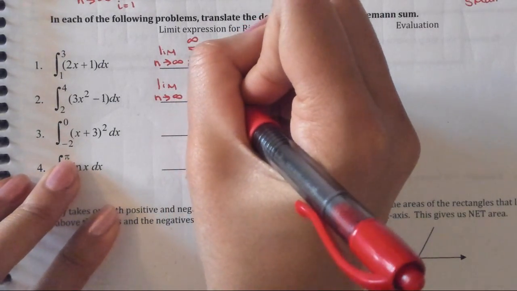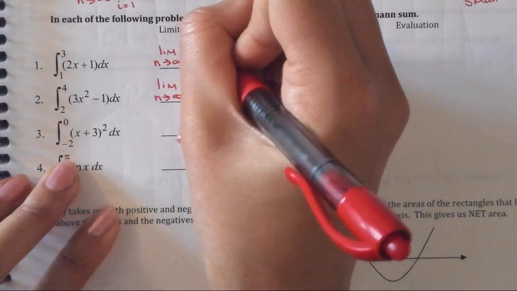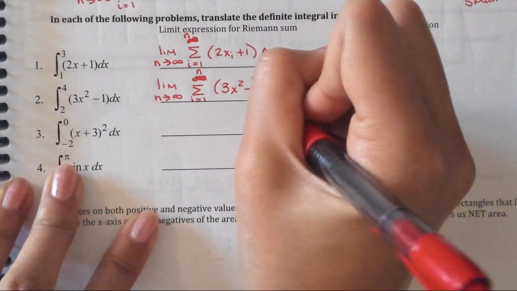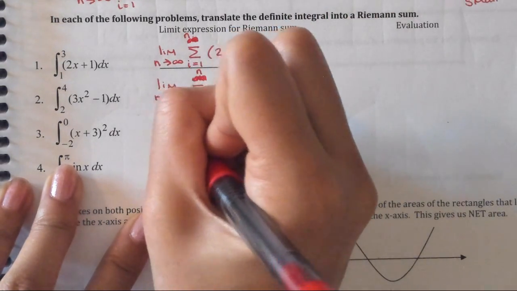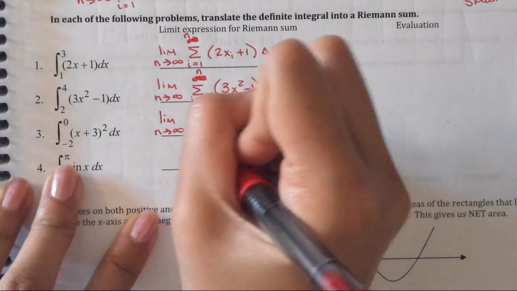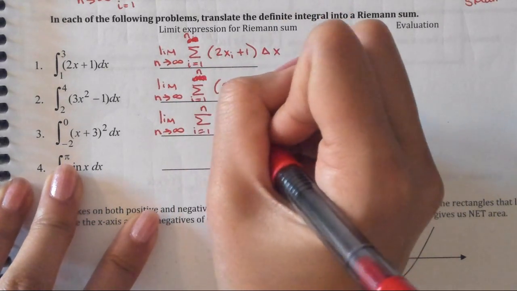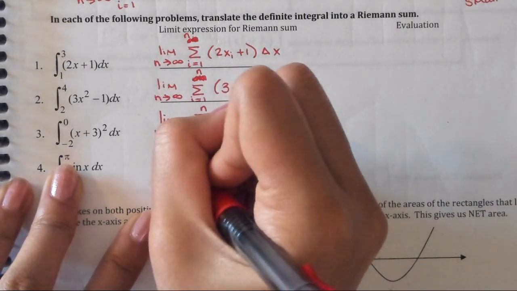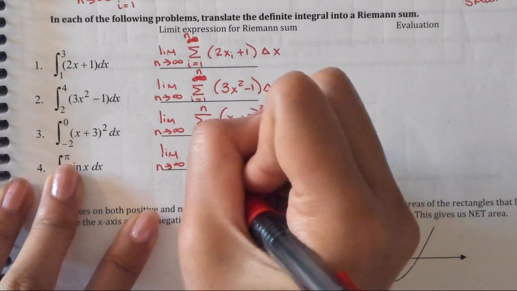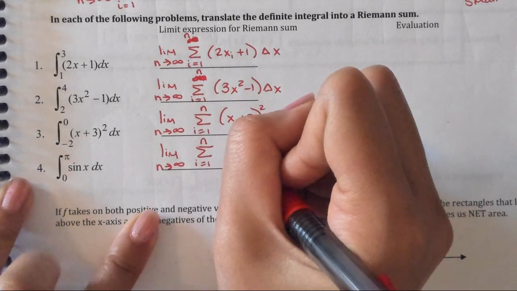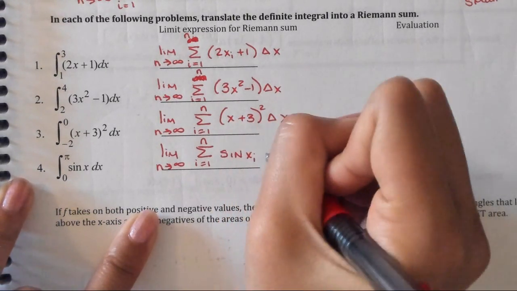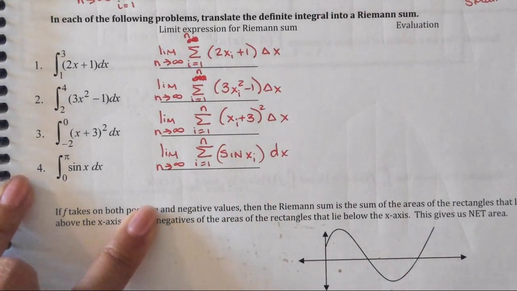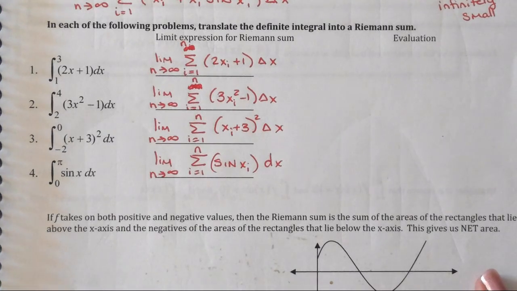Oh, I should go to n, not infinity. Forgot my x-axis. Okay, so that's how you do that.